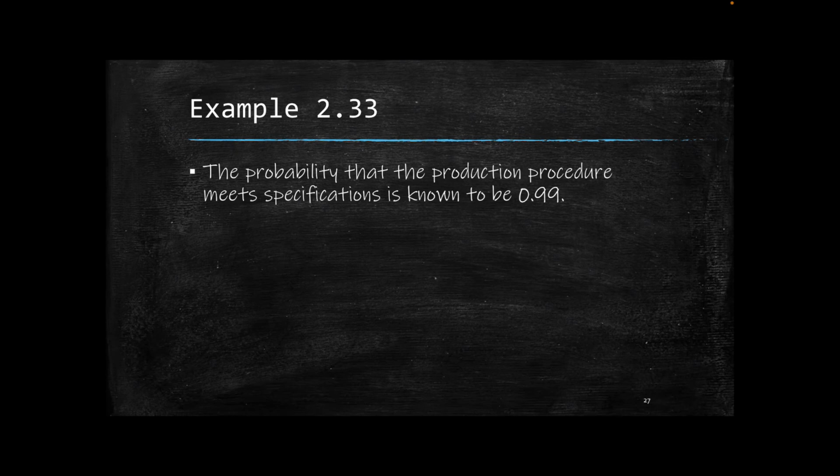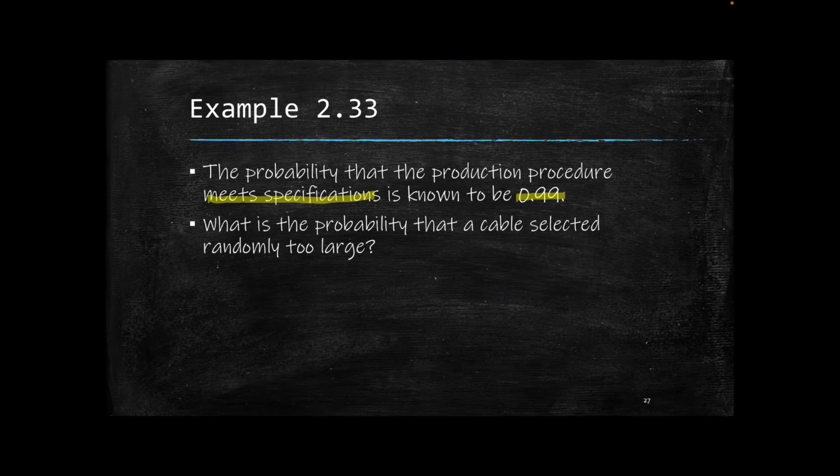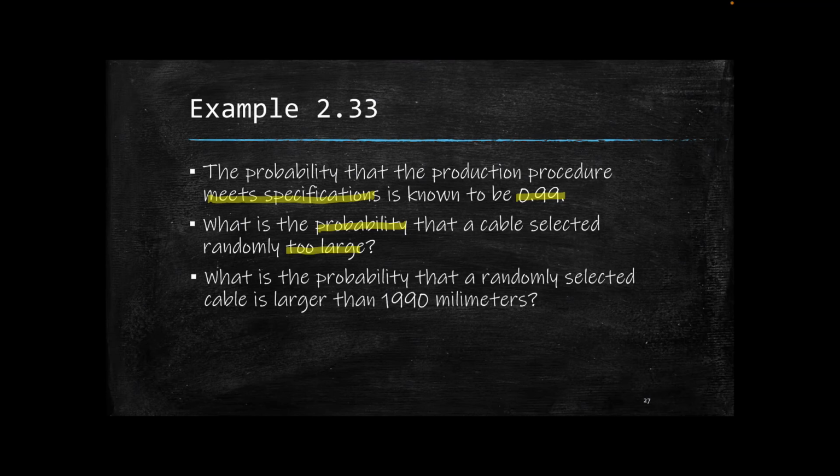So the probability that the production procedure meets specification is equal to 0.99. And the question asks you to find the probability that a randomly selected cable is too large, and the probability that a randomly selected cable is larger than 1990 millimeters.